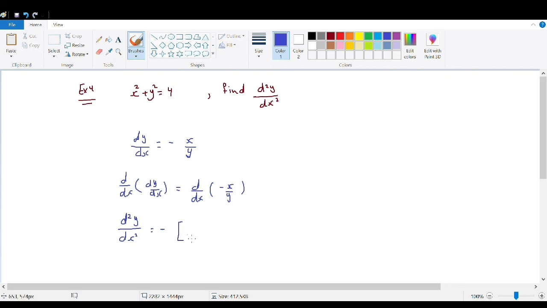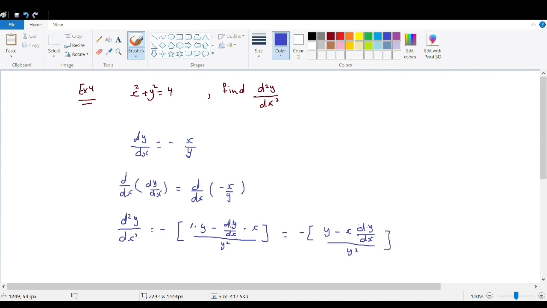The derivative of x will be 1, we multiply by y, minus the derivative of y, which is dy over dx, and we multiply by x, and we divide this by y squared. So this will give us minus, and here we have y minus x dy over dx, all over y squared.